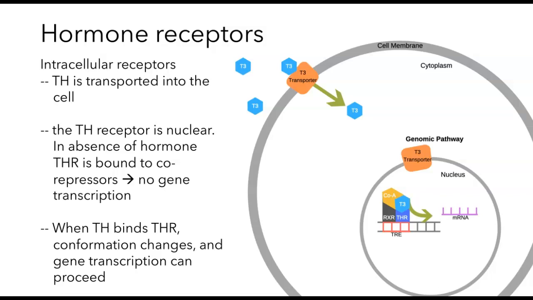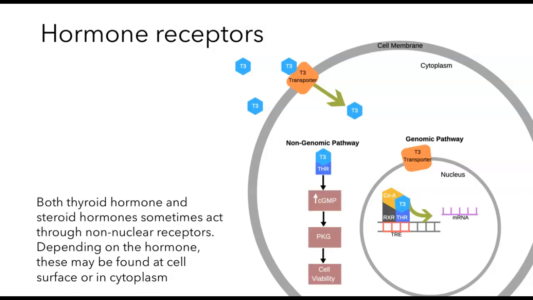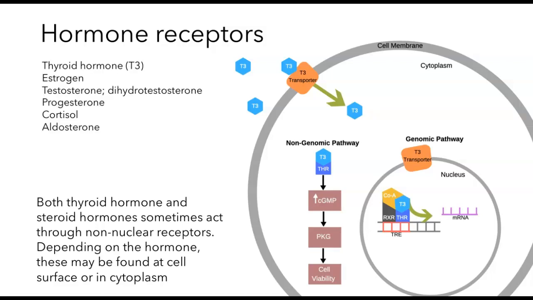You might notice that in this cartoon, this pathway is labeled the genomic pathway, and the reason for that is because both thyroid hormone and steroid hormones sometimes can act through non-nuclear receptors. Depending on the hormone, these might be found in the cell surface or in the cytoplasm. In this case, thyroid hormone can bind to a thyroid hormone receptor in the cytoplasm and affect the activity of protein kinase G. What hormones act through this class of receptors?